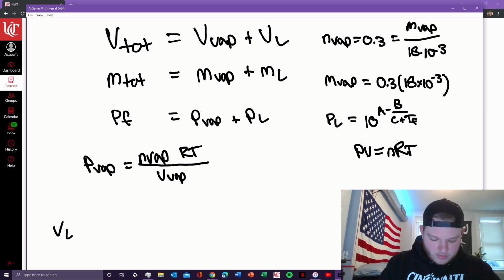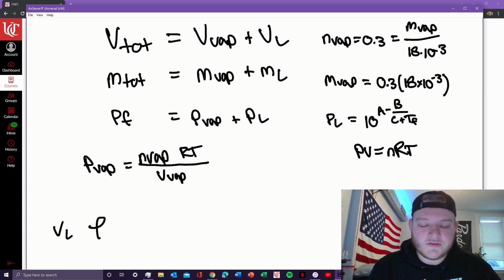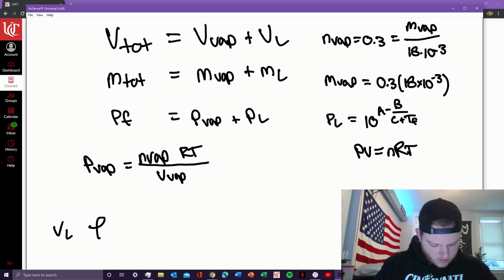We know that density, that's a horrible density symbol, it's supposed to look like a rho. That's just what I'm going to use for the density symbol, because if I draw a perfect one, it's going to look like all my other variables, so just accept that as density. I know it's not great, but bear with me. So we know that density equals mass over volume, so then we can relate that to the volume of the liquid.